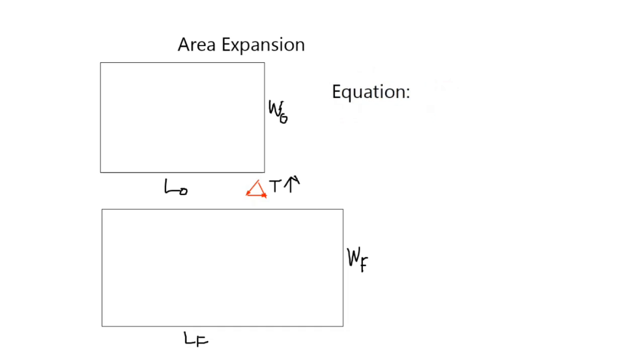So, bakit walang linear area contraction? Because we're just prioritizing the expansion in solids. This can also occur in liquids. And we can just use the same formulas to visualize them.